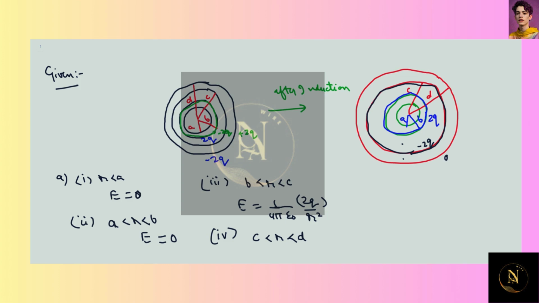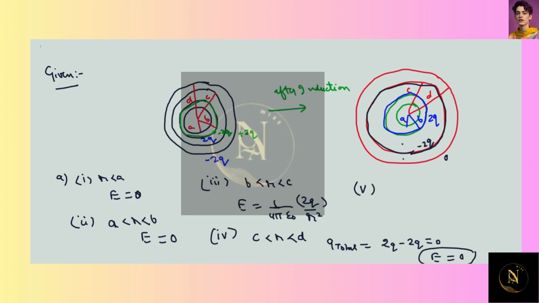That would mean there is no charge enclosed. So the total q is equal to 2q minus 2q, which is equal to 0. So using Gauss's law, we have again electric field 0.